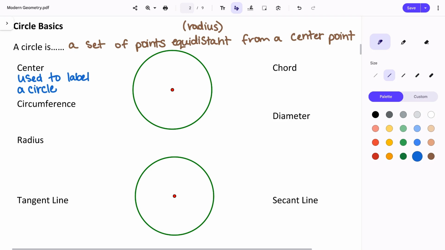Or when I was labeling a circle yesterday when we were going over those transformations, I used the symbol for a circle, which is a small little circle, and then there'd be a capital letter next to it. So that would read as circle A. So on my picture over here, if I wanted to name this circle circle A, I would put an A next to that point in the middle. Since it's a point, that's why we're using a capital letter. We always use a capital letter to name a point. So the same thing's going to happen here on a circle.